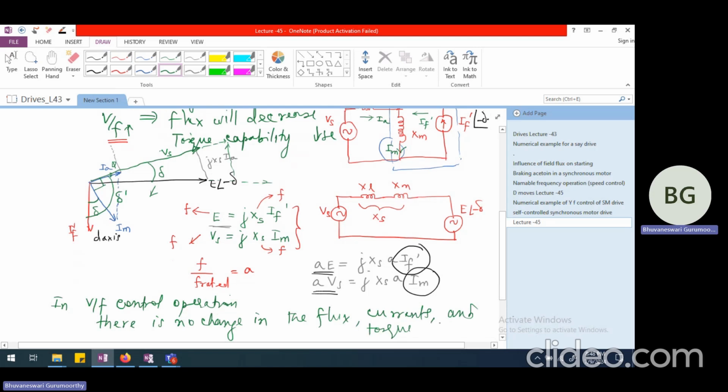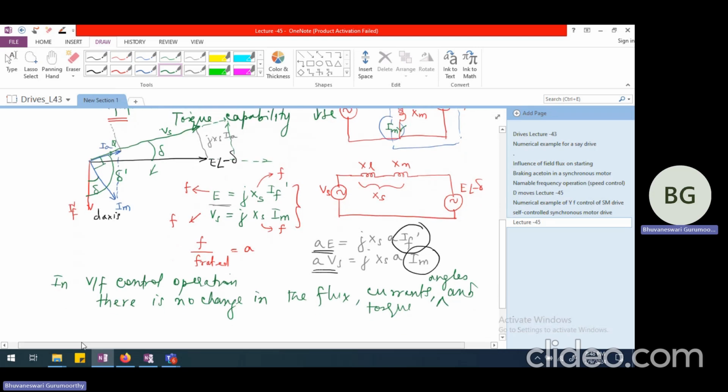And we should also say no changes in angles. Any of the angles are also not going to change. But the voltage magnitudes will change. That's what happens in variable frequency operation.